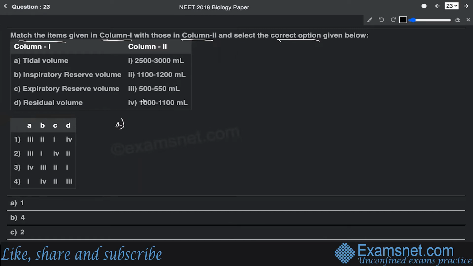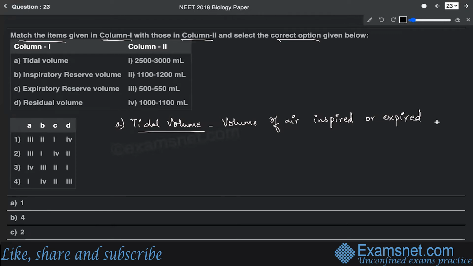Now, tidal volume is basically the volume of air inspired or expired during the normal respiration process.